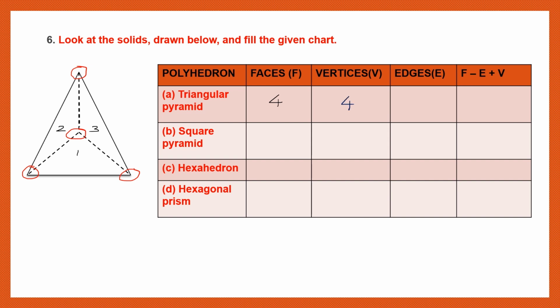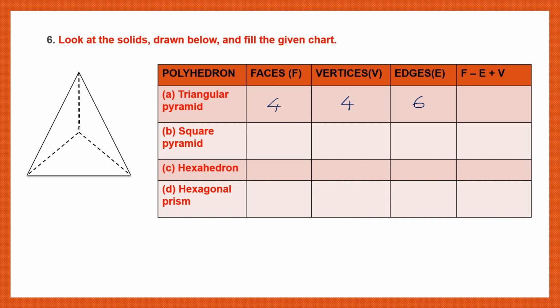Now the edges. So what are the edges? Now these lines of this triangle that we've drawn first, 1, 2, 3. Then we have this dotted line 4, 5, and 6. So the edges are 6. So we have here 4 faces, 4 vertices, and 6 edges. Now let's form this Euler's formula.